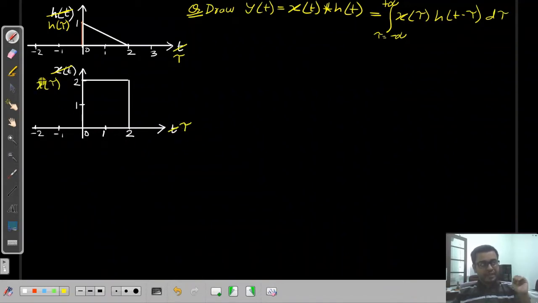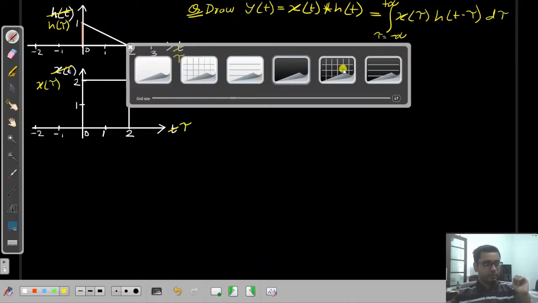So now x and h, they are drawn as a function of tau, not t. Okay, so we need x(tau), which is here, and we need h(t minus tau), which we shall find. Okay, for that let me take a graph paper.